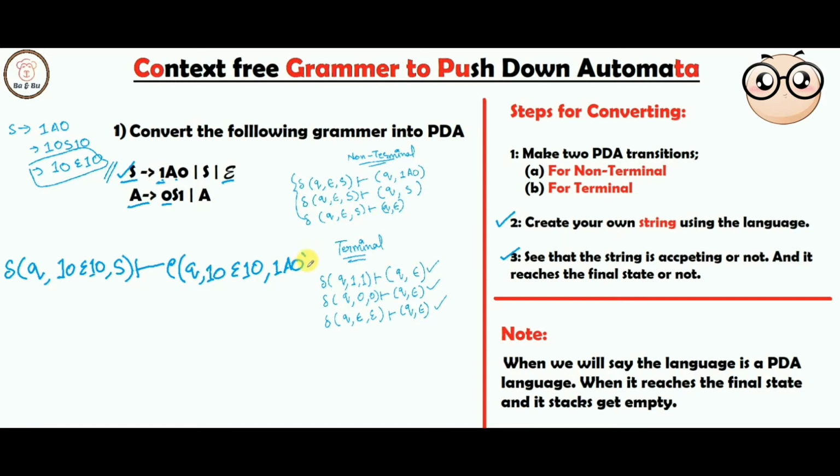Let's see this. Okay, what we had done here. So in the first step we are gonna convert this 1 0 epsilon 1 0. I'm gonna replace this S by 1 0 S 1 0.